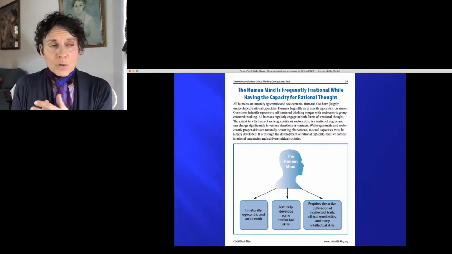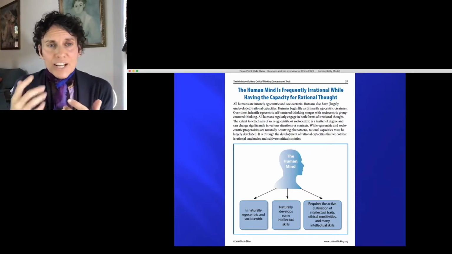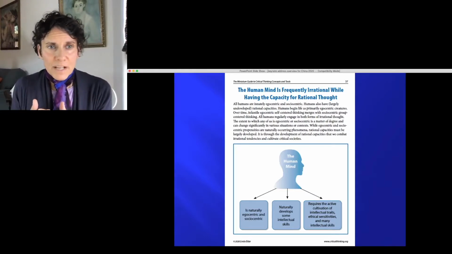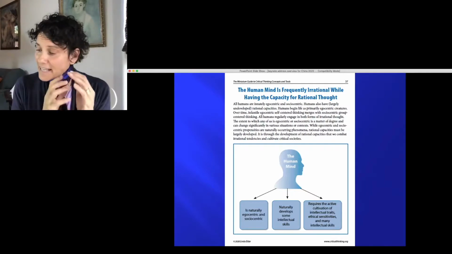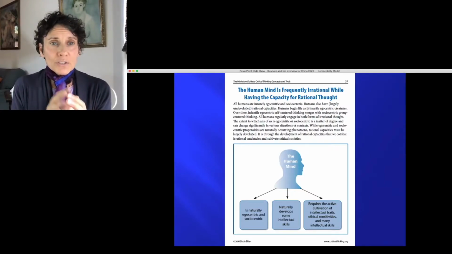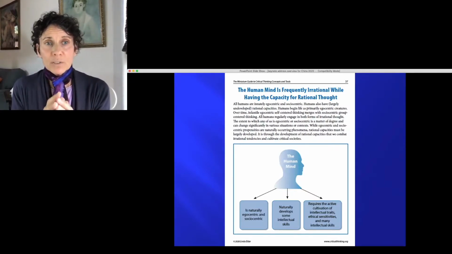And so these are not just psychological and sociological concepts. They're direct barriers to critical thinking. And anything that's a direct barrier to critical thinking must be included in its theory.